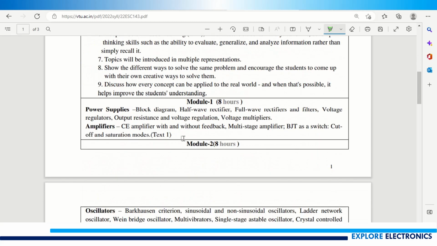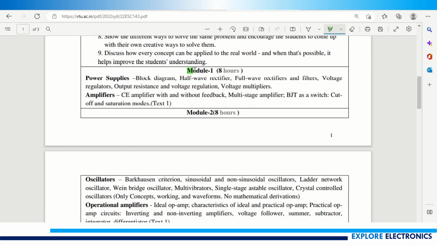Coming to the module wise content, this is the syllabus of module 1. This can be covered in 8 hours, the stipulated time they have given. In the first chapter we have power supplies: the block diagram of the power supply, then rectifier circuits, different types of rectifiers, and then voltage multipliers.